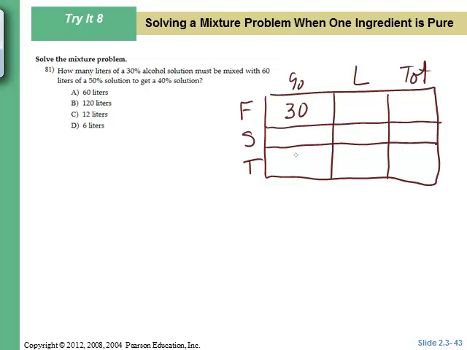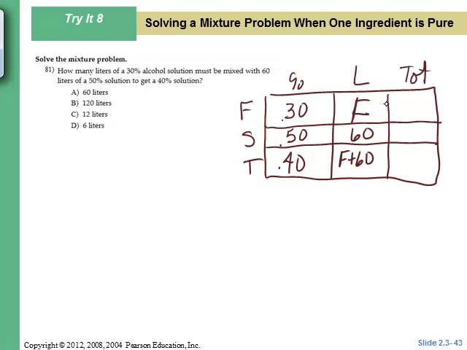The 30%, 50% to get 40%. I need to put in my decimal points so that I don't forget them. Almost did last time. How many liters of a 30% solution? So that's what we're looking for. Let's call it F for first solution. Should be mixed with 60 liters to get a total of 40%. So this will be F plus 60.